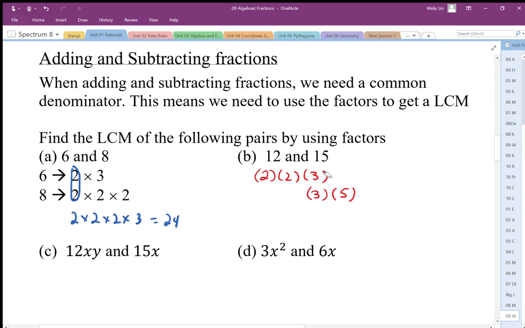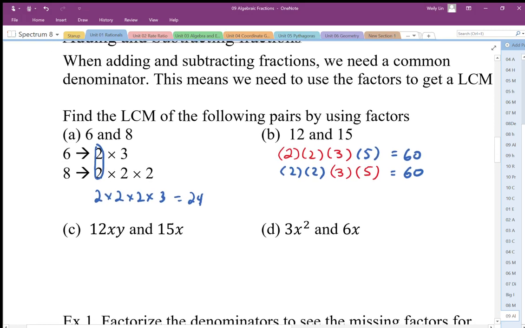So 12 is looking over here and saying, well, I'm missing a 5. Well, 12 needs to go get itself a 5. And then that will give it the common denominator. In this case, it's going to be 60. Okay, conversely, the same thing can be done with 15. 15 is going to look up top here and say, well, I'm missing 2 2's. If I get my 2 2's, I've got my common denominator of 60.